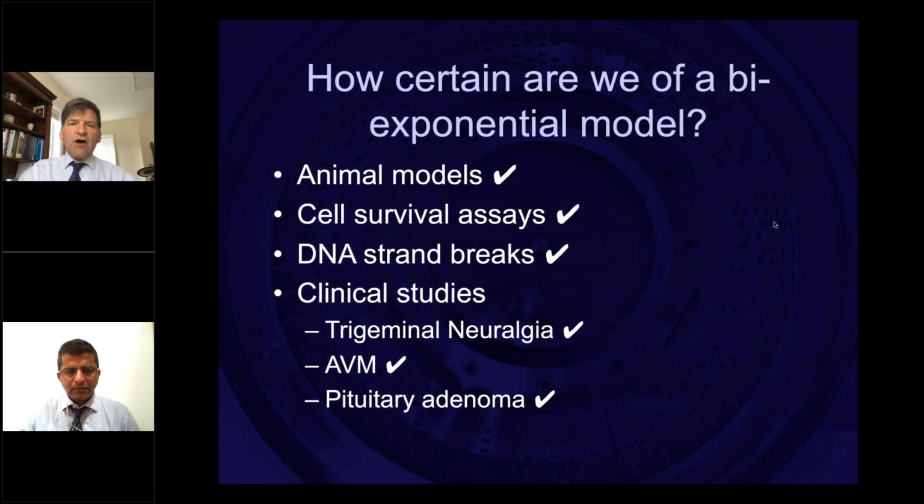So how certain are we of a bi-exponential model? Well, we have animal models to back this up, cell survival assays to back this up, DNA strand break studies to back this up, and we've now got clinical studies on trigeminal neuralgia, AVM, and pituitary adenoma. So I think the evidence is now overwhelming.